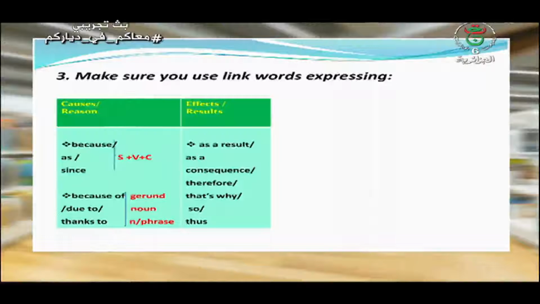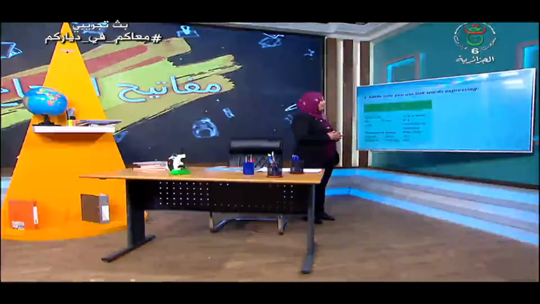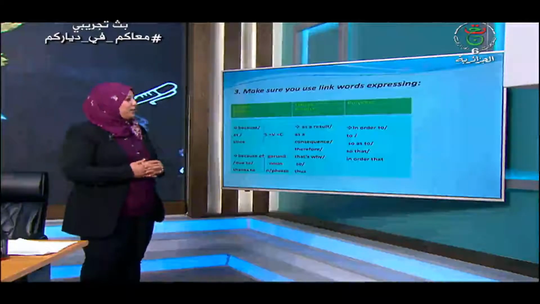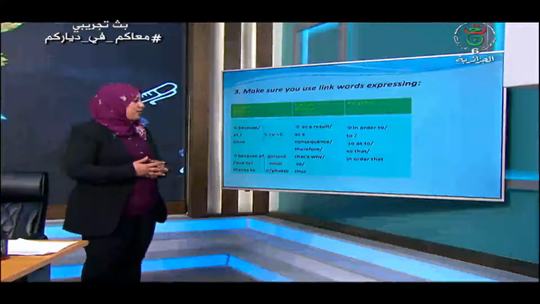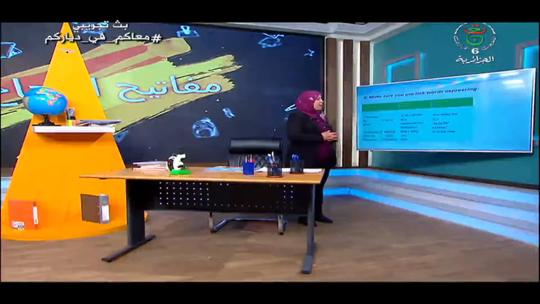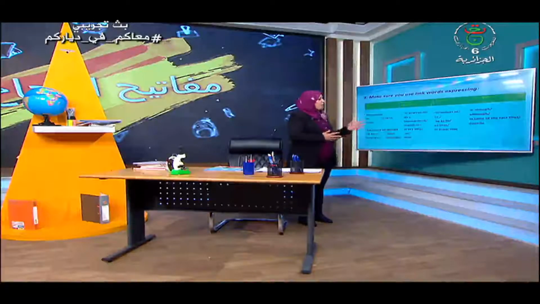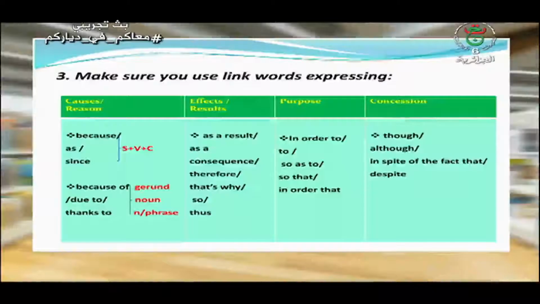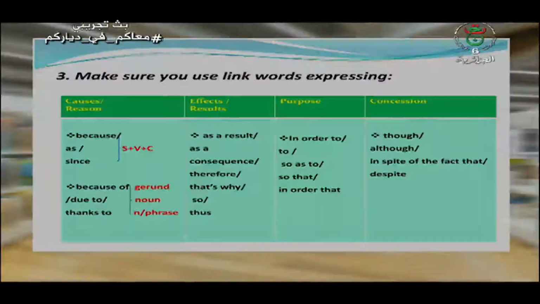We find also other link words expressing the purpose or the aim: in order to, so as to, so that, or in order that. And also we have other link words expressing the concession or the opposition with the use of though, although, in spite of the fact that, or despite.